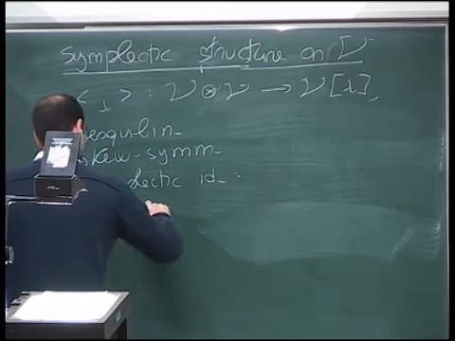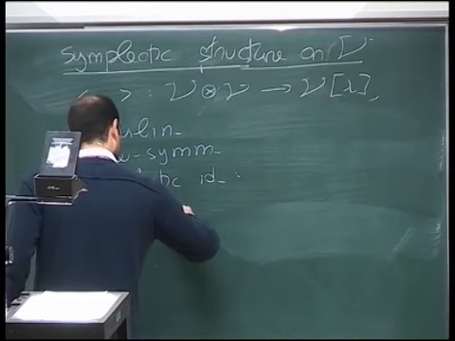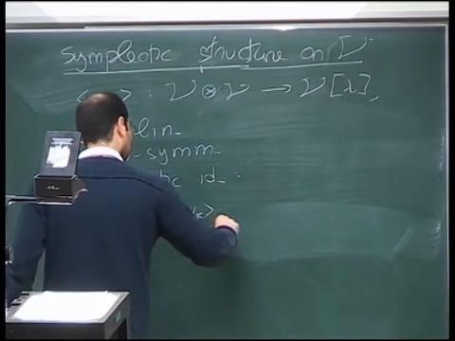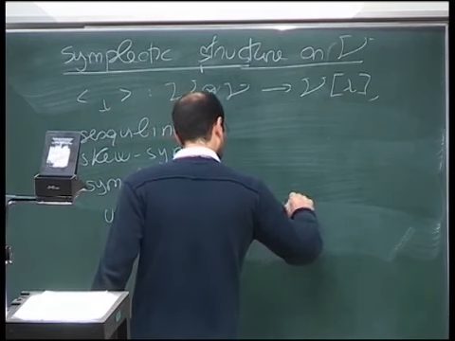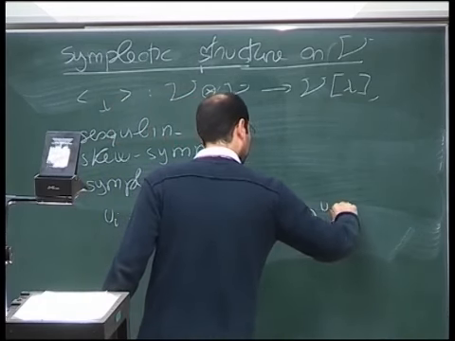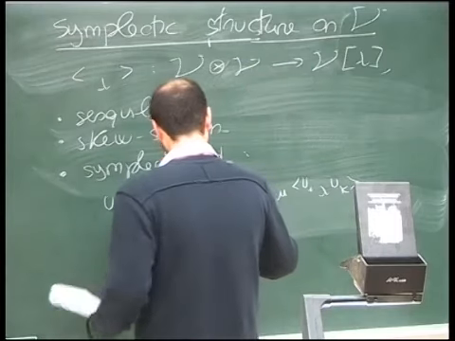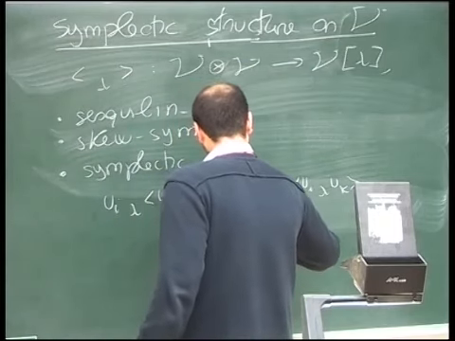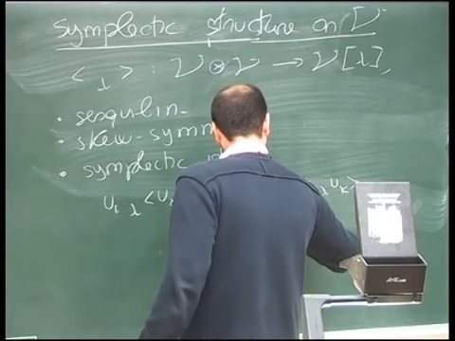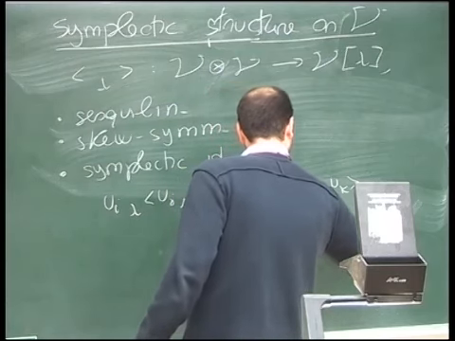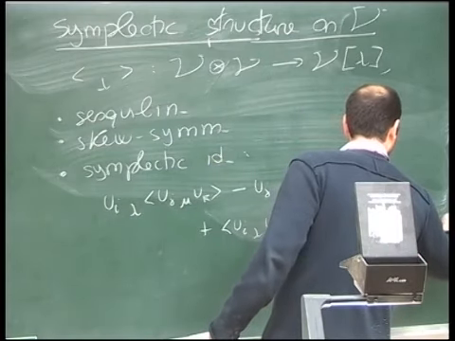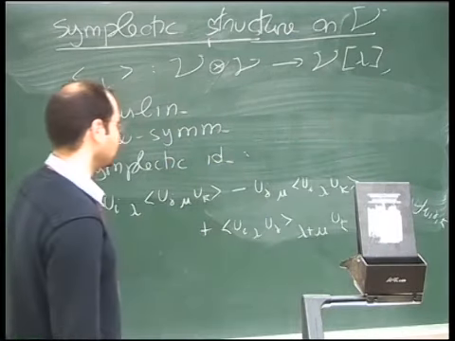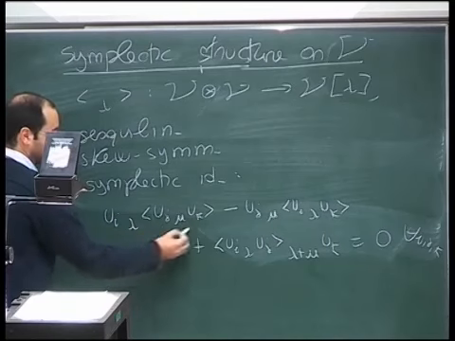u_i lambda (u_j mu u_k) minus u_j mu (u_i lambda u_k) plus (u_i lambda u_j) lambda plus mu u_k equals 0 for every i, j, k. And so this is the symplectic structure.